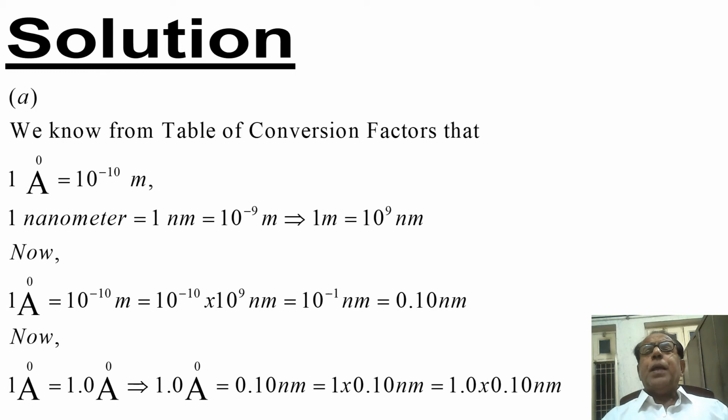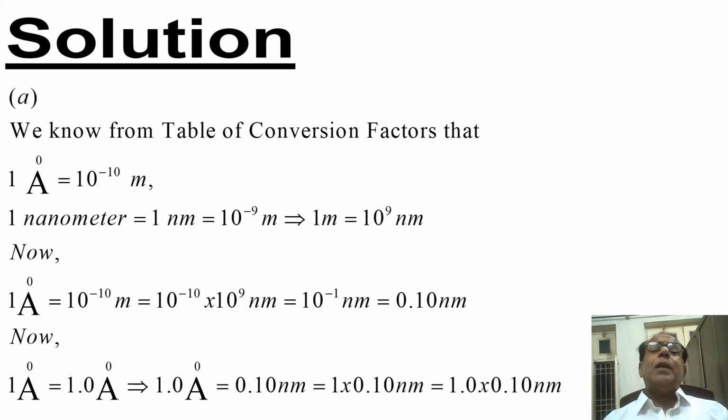So here minus 10 and plus 9, minus 1 will be left. Alternatively, this becomes equal to 10 raised to the power minus 1 nanometer, and this is equal to 0.10 nanometer.